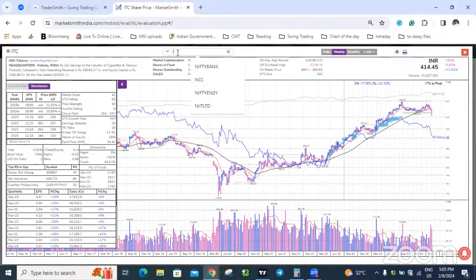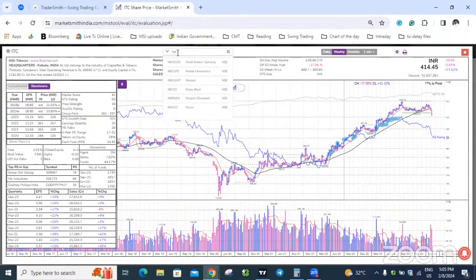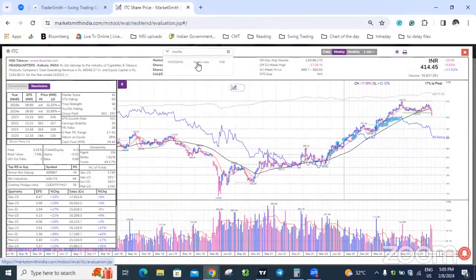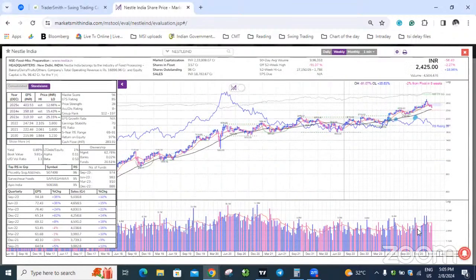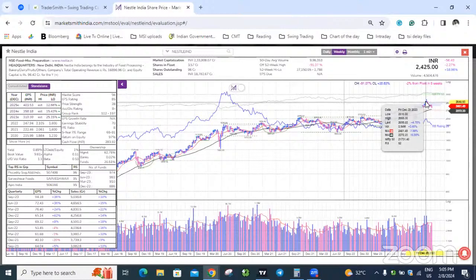Next one is Nestle. The same kind of situation is emerging in this stock also, because the FMCG index is showing negativity. Nestle has also been showing negativity for the last 3-4 weeks. In the month of January, a shooting star pattern formed on the weekly chart, and then for the last 4 weeks it has shown negativity.